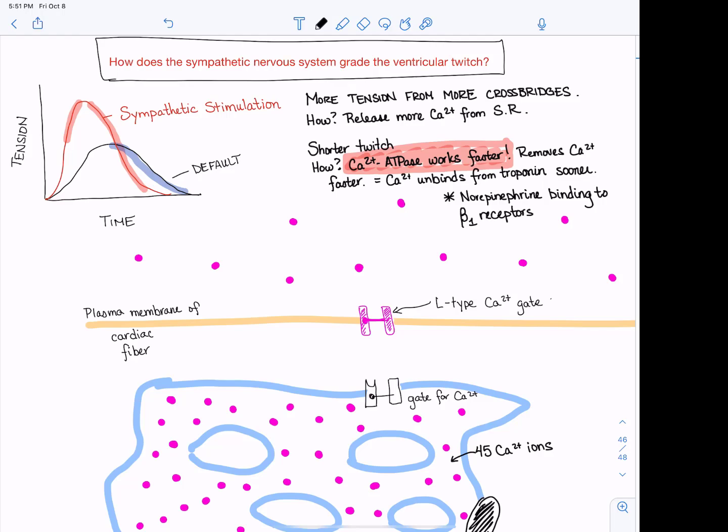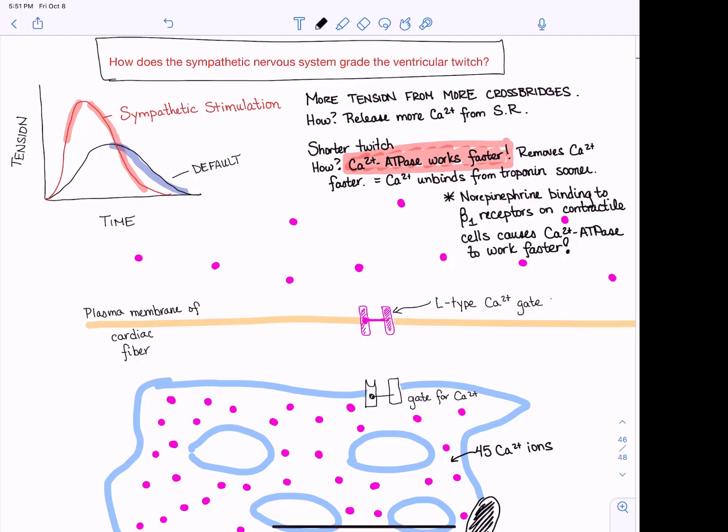Now, what's even more interesting is that getting the calcium ATPase to work faster actually achieves both of our goals. It might seem obvious that when calcium ATPase works faster, that it shortens the twitch time, but it turns out that it also creates a stronger tension.